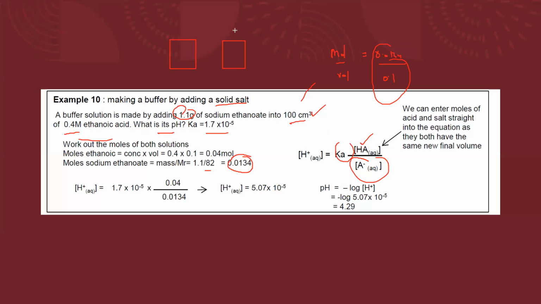So in the first example, we were having two solutions having a different amount of salt solution and acid, and we mixed them together. That was the first question. But in this question, we have an aqueous acid, so dissolved acid, and we are adding a salt to this.